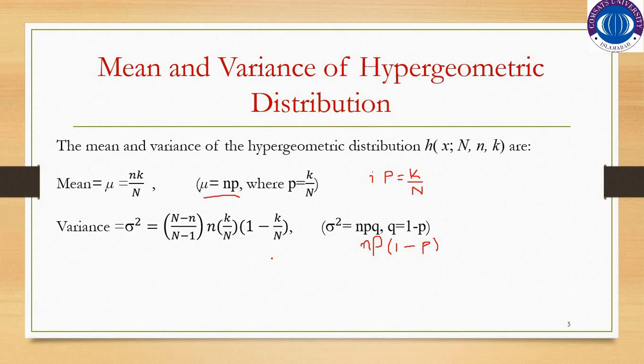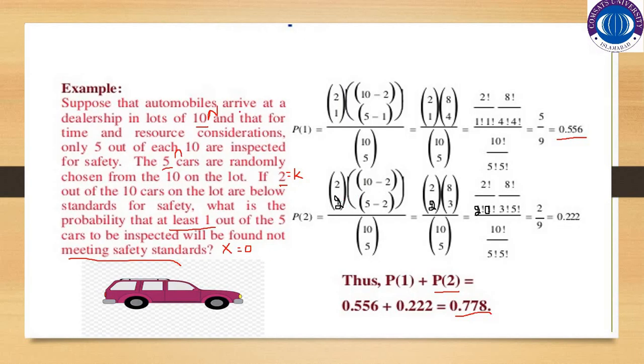So now if you want to find the mean in this particular example, you will simply substitute mu is equal to n into K over capital N, which will be equal to 5 into 2 over 10, which will be equal to 1.